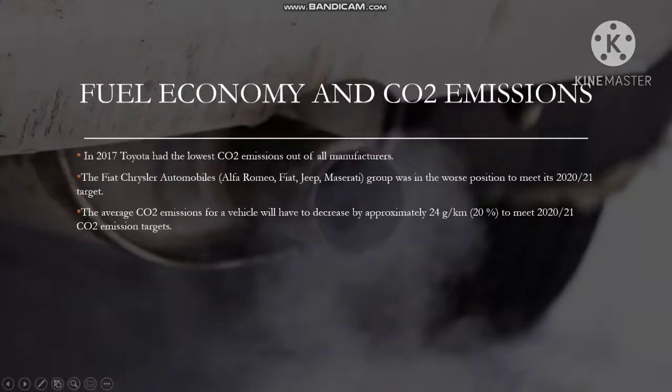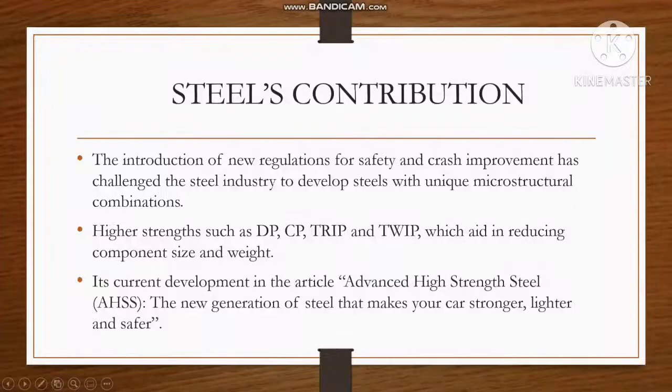Here in 2017, Toyota had the lowest CO2 emission out of all manufacturers. The Fiat Chrysler Automobiles group was in the worst position to meet the 2020 target.